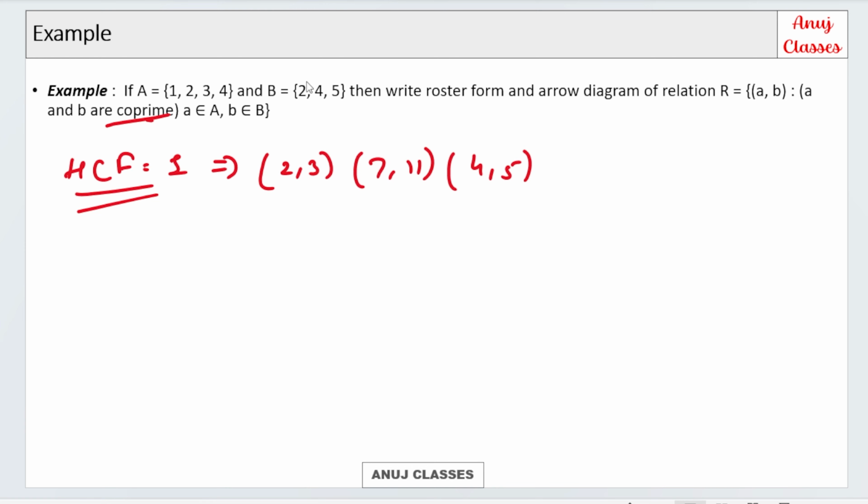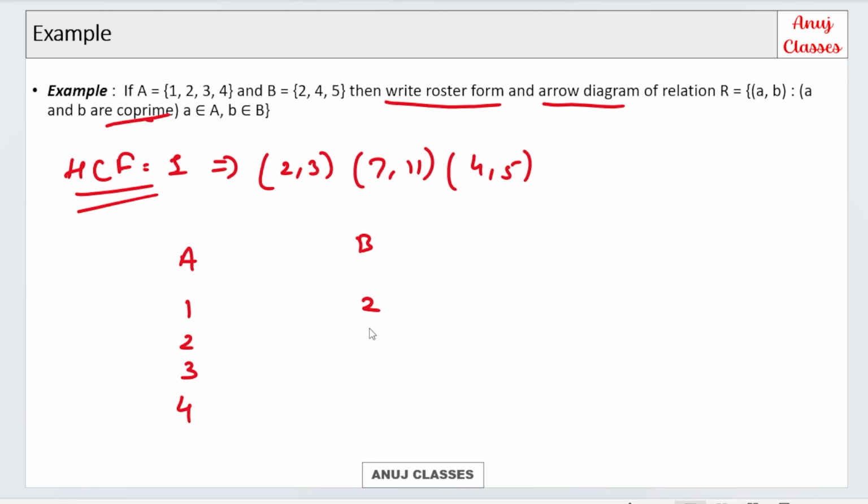Now in the question it is given that we have a set A and a set B, and we have to write the roster form and the arrow diagram of the relation such that A and B are coprime. So if we know which numbers are coprime, we can directly make a relation between them. First I will write the elements of A, which are 1, 2, 3 and 4.